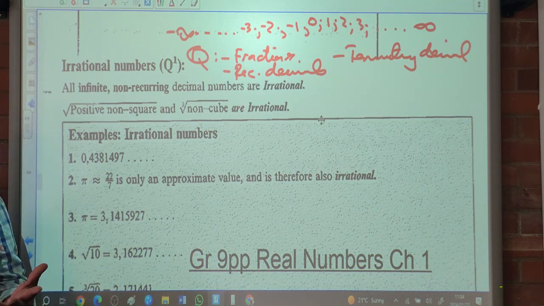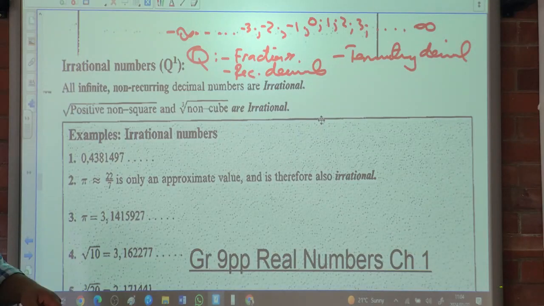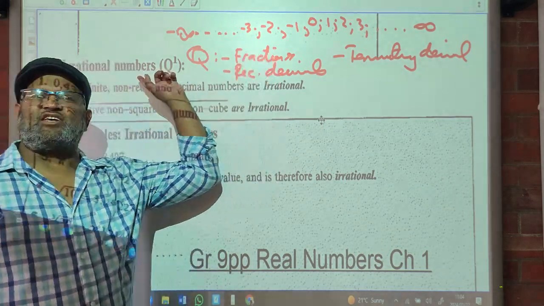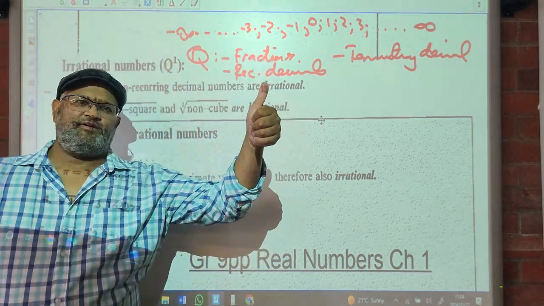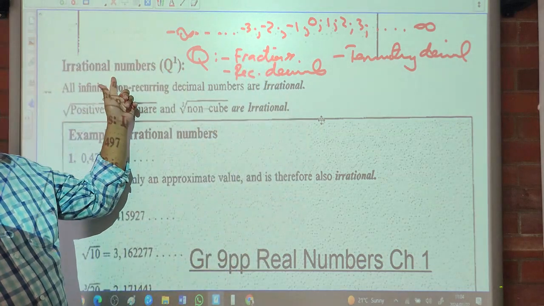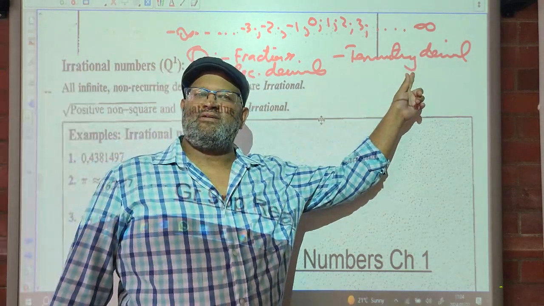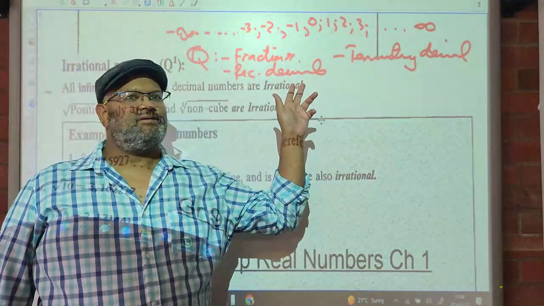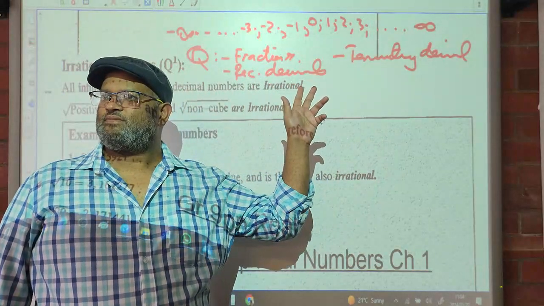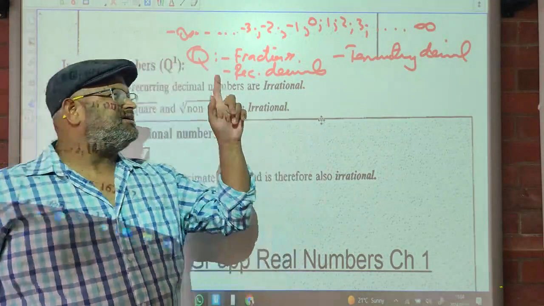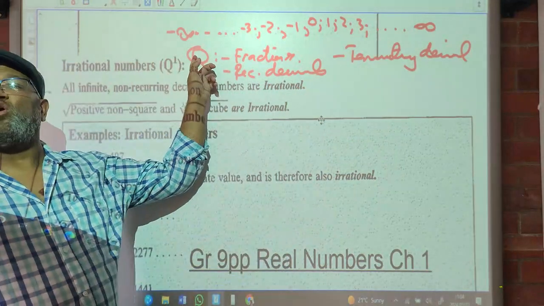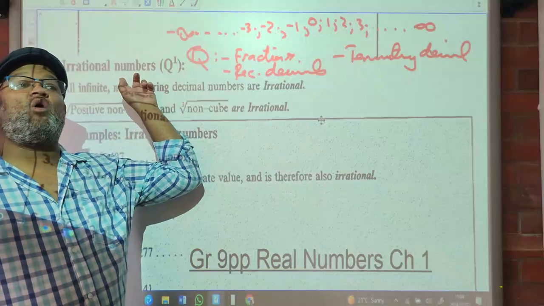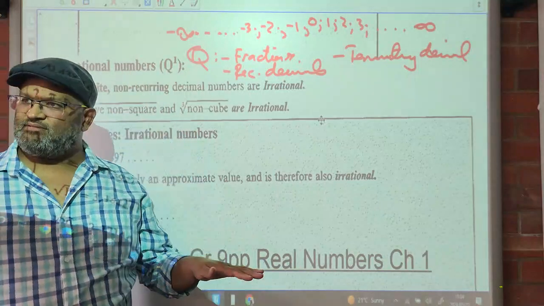What does that mean? Can an irrational number be written as a fraction? No. Can it be a terminating decimal? No. Can it be a recurring number? No. So a number can be either rational or irrational, or neither.